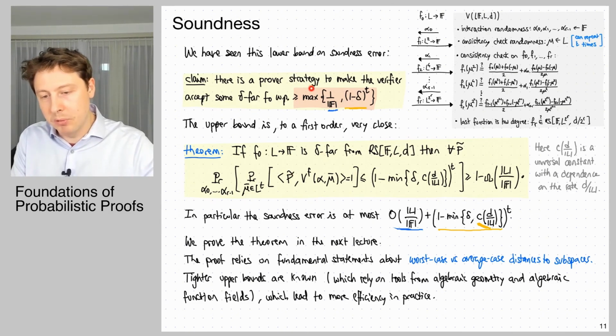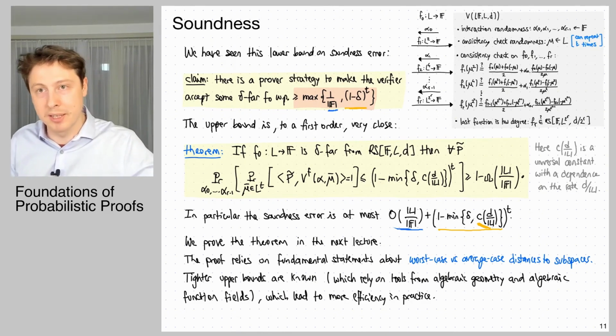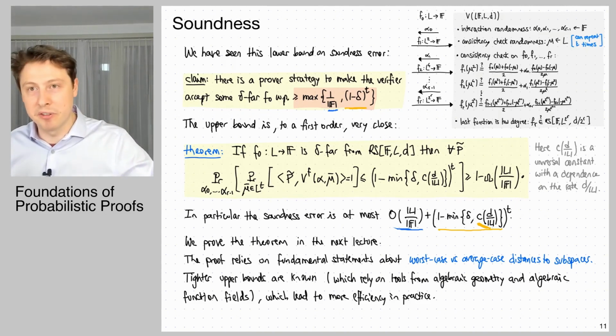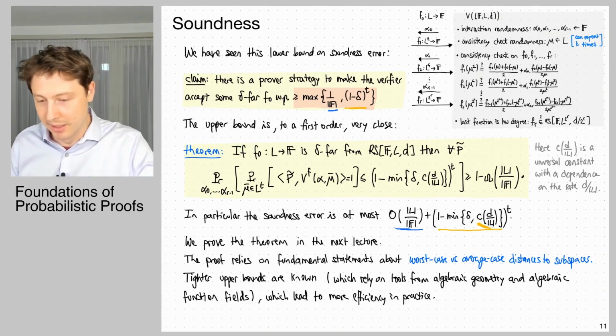The gap between lower bound and upper bound is a very active research frontier, and tighter upper bounds have been established using rather non-trivial tools from algebraic geometry and algebraic function fields. Understanding precisely how the soundness of this protocol works takes you far afield into more mathematics than even protocol design.